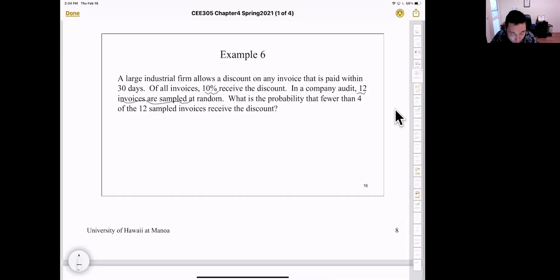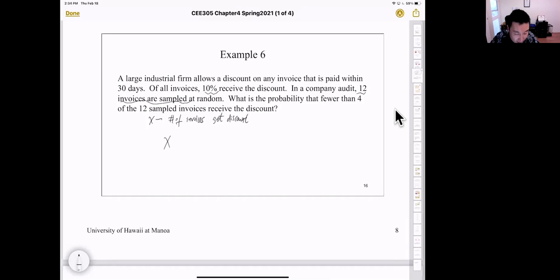What is the probability that fewer than 4 of these 12 sampled invoices receive the discount? First of all, let's define X as the number of invoices that get a discount.